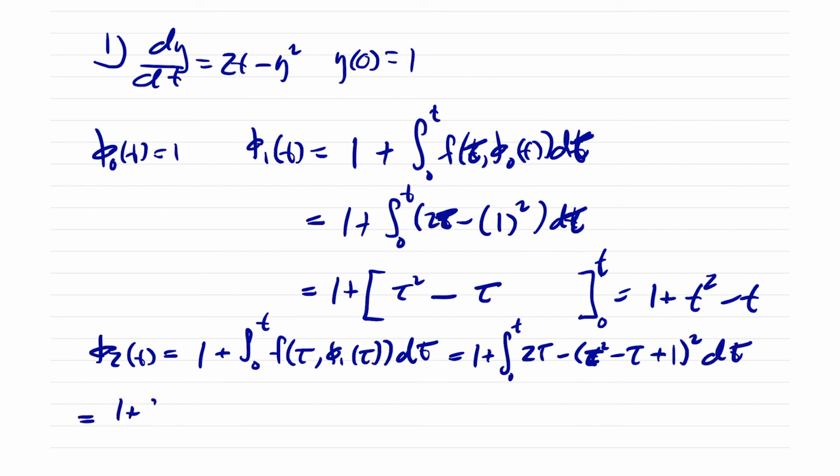So 1 plus the integral from 0 to t of 2 tau minus, all right, so this guy squared.